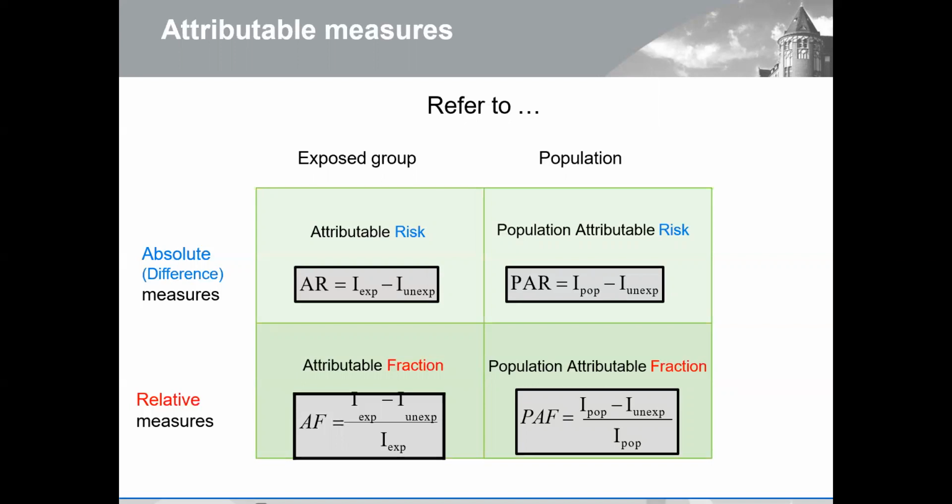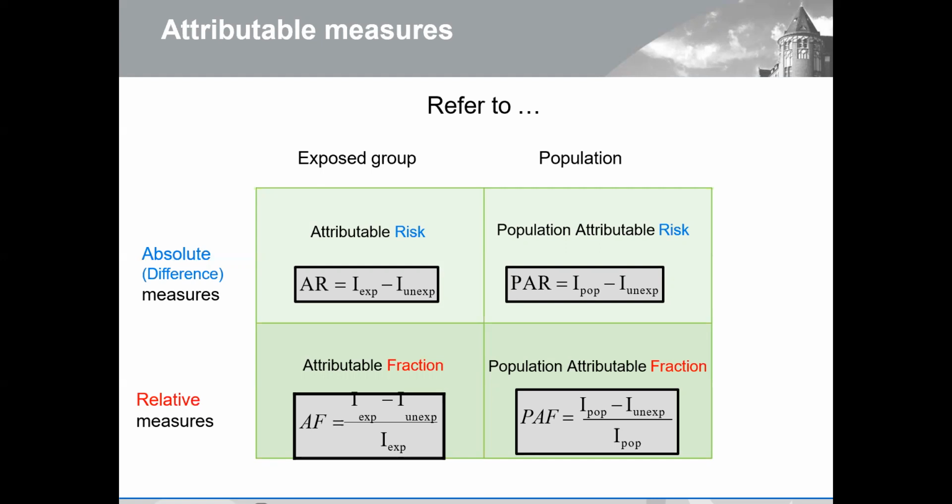The same applies to the population, which is the population attributable risk. By population attributable risk, we are saying incidence in the population minus incidence in the unexposed. If you remember our 2x2 table, we have the total population which we are using.